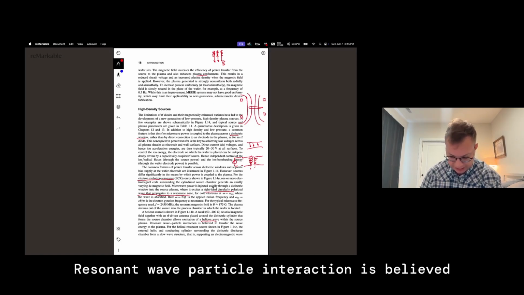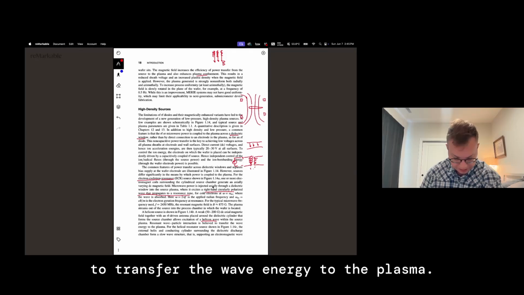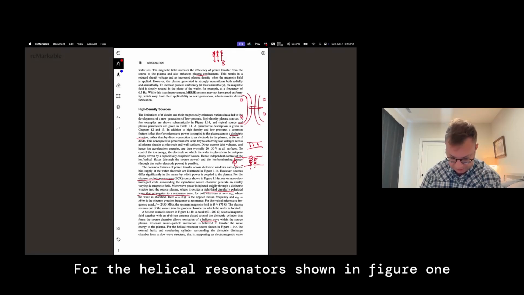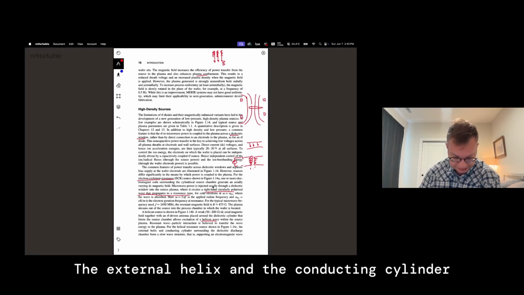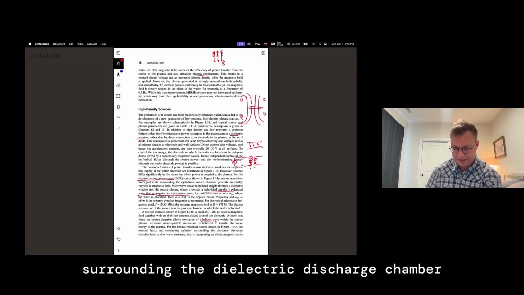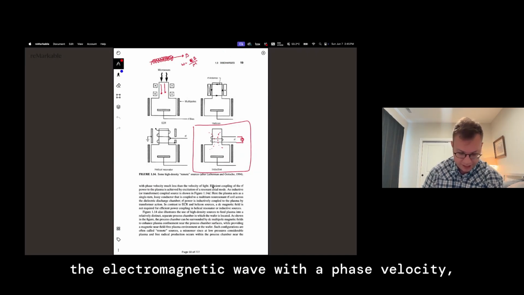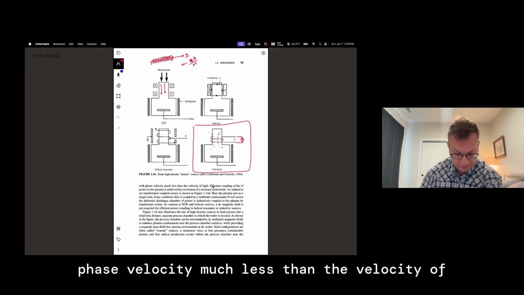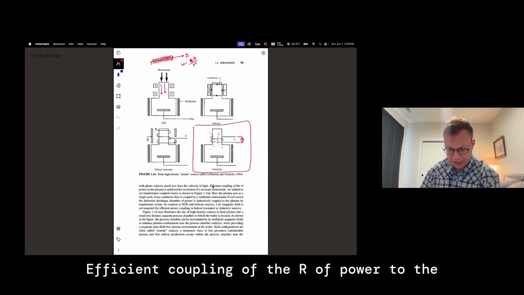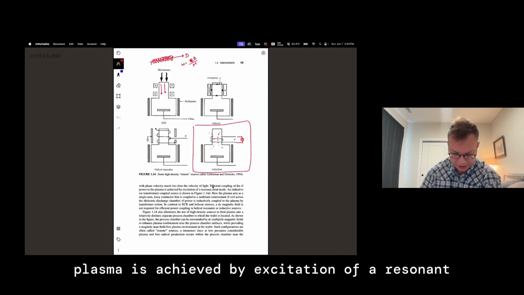Resonant wave-particle interaction is believed to transfer the wave energy to the plasma. For the helical resonator shown in figure 1.14c, the external helix and the conducting cylinder surrounding the dielectric discharge chamber form a slow wave structure, that is, supporting the electromagnetic wave with a phase velocity much less than the velocity of light. Efficient coupling of the RF power to the plasma is achieved by excitation of a resonant axial mode.